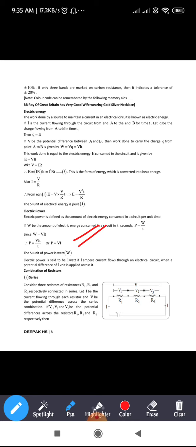Okay. So since P is equal to V into I, where I is the current and V is the potential difference, when the value of this potential difference and the current is 1, you say that the power consumed by an electrical appliance is equal to 1 watt.